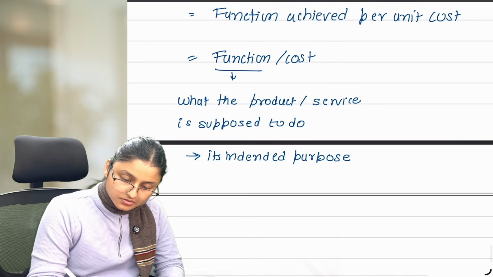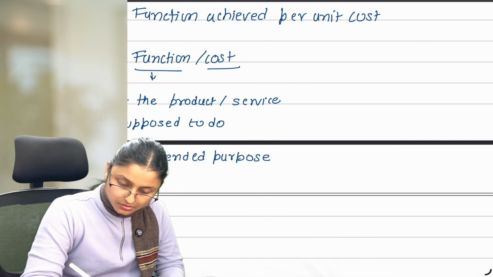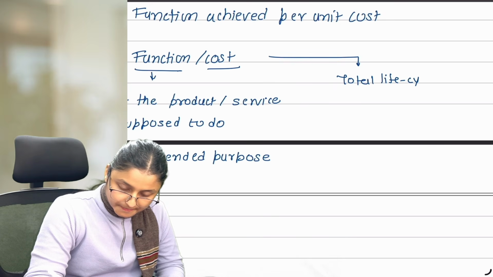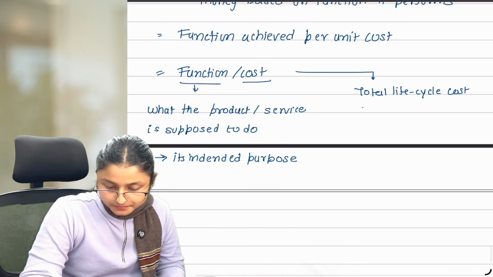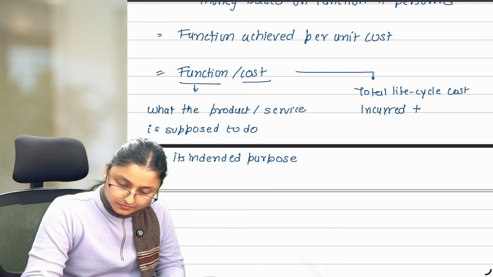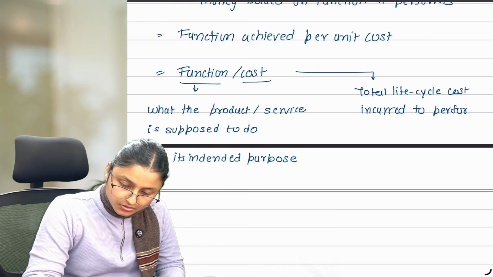What is cost? Cost is the total life cycle cost incurred to perform the required function.